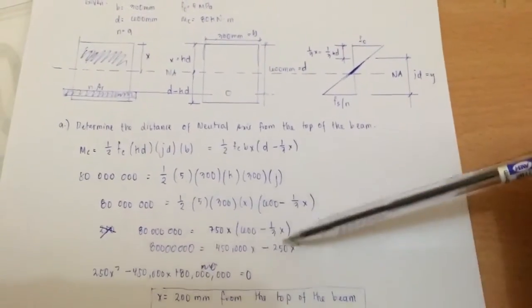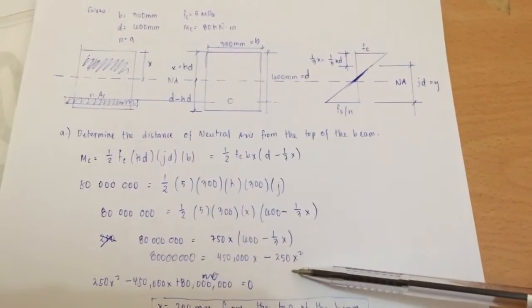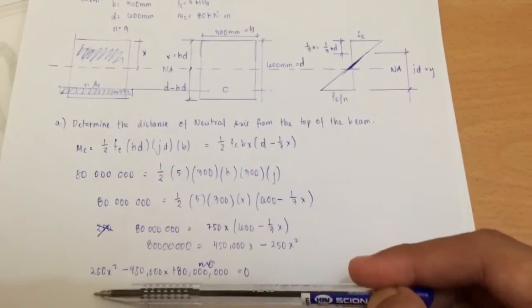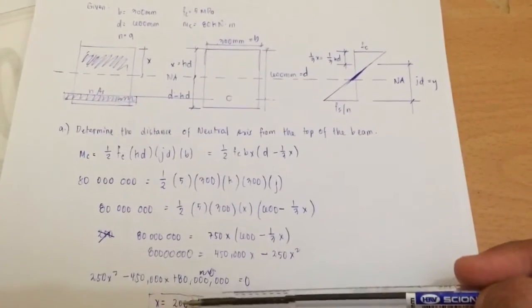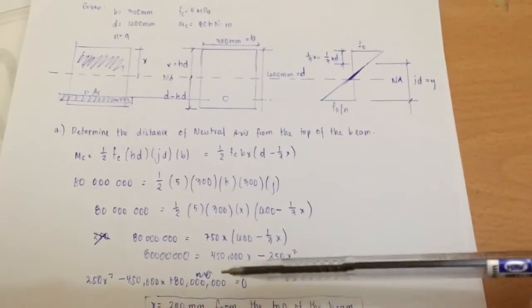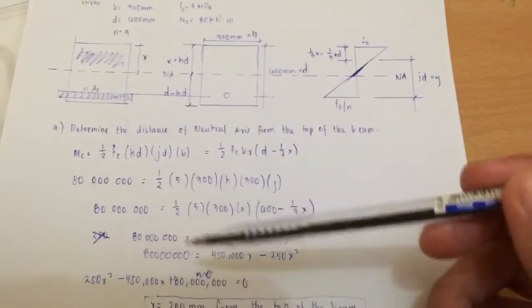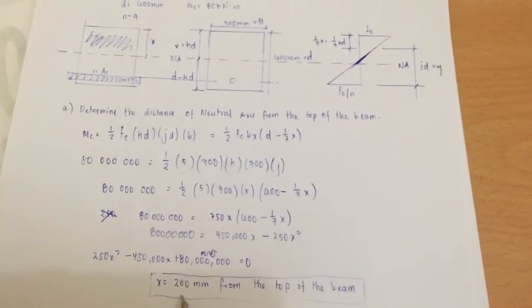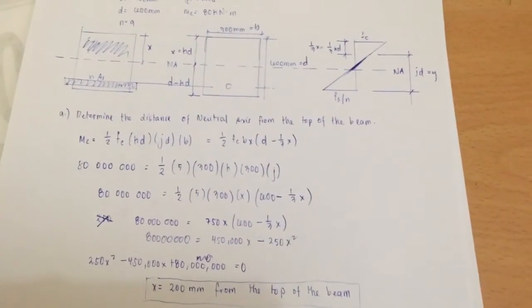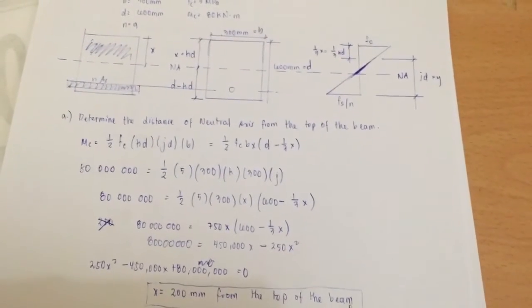Mathematically speaking, this is a quadratic equation, in which if you solve it step by step to get your x, we can get two answers. By that, we will use 200 mm as the correct answer for the distance of the neutral axis from the top of the beam.